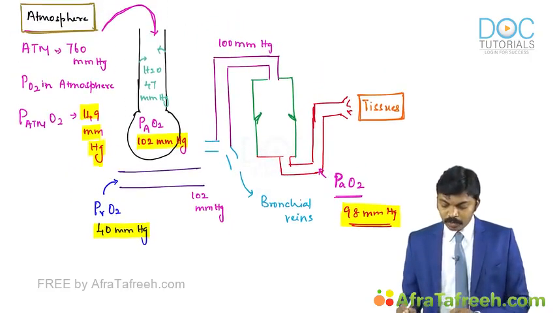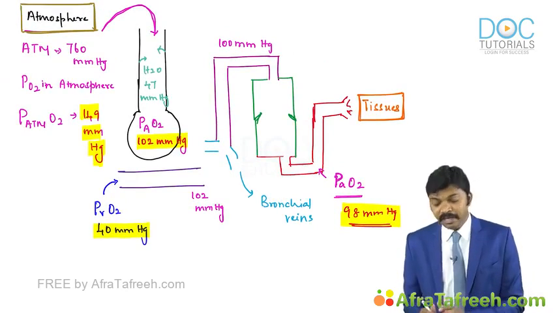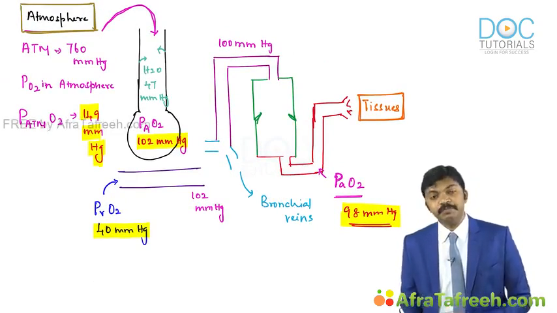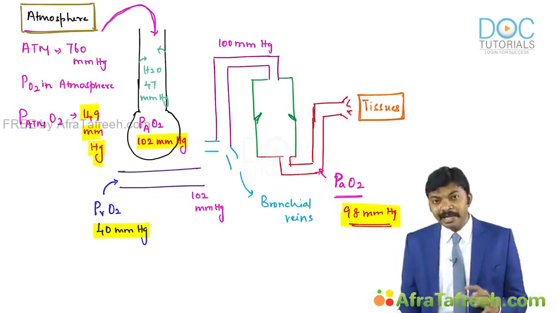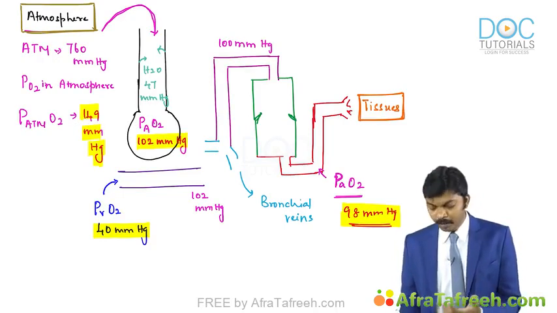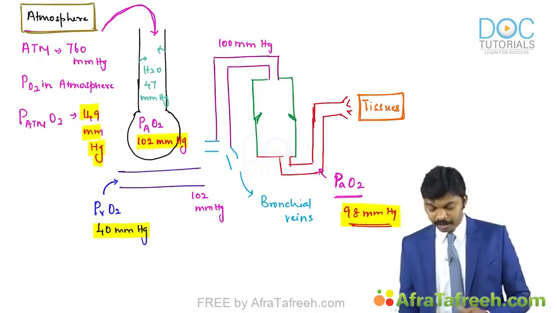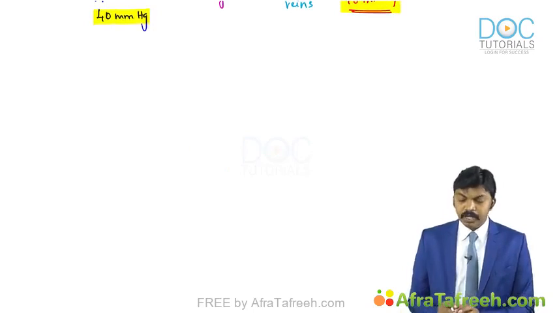So this is how the oxygen in the arterial blood reaches tissue. So remember, my dear friends, when oxygen gets to a tissue, the partial pressure of oxygen in arterial blood vessels will be 98 millimeters of mercury. So let us take up hypoxia here.